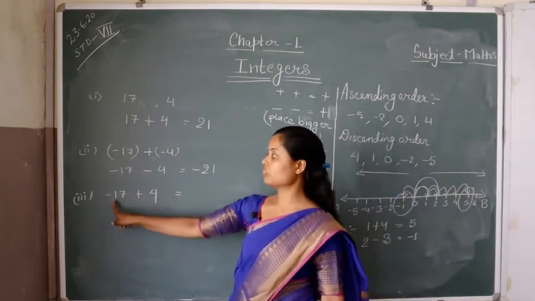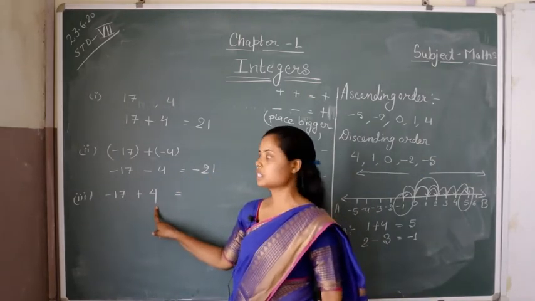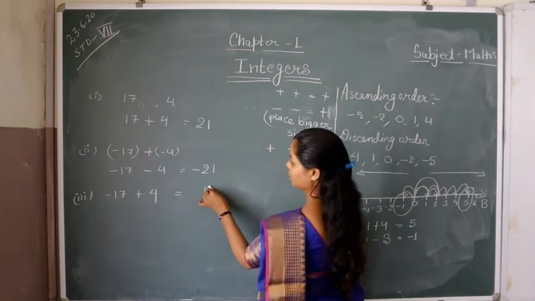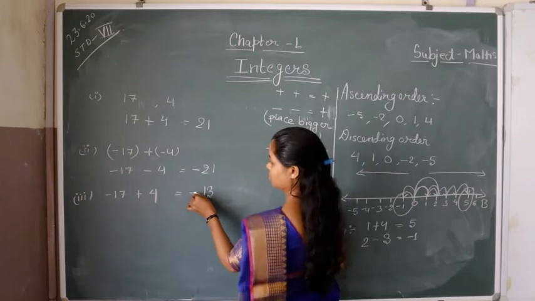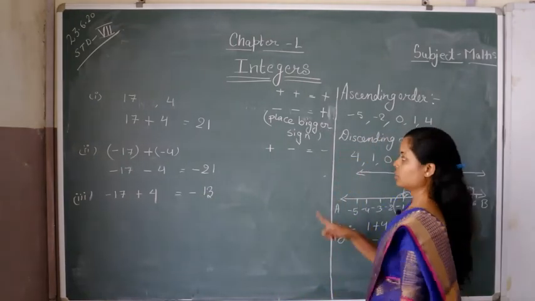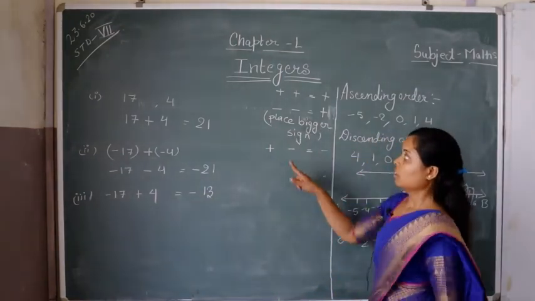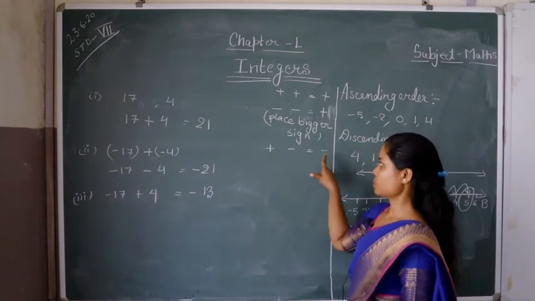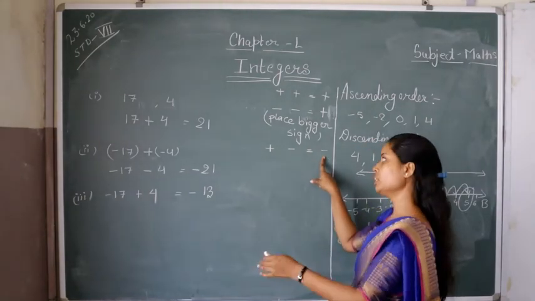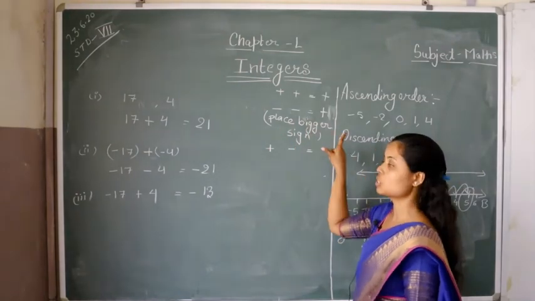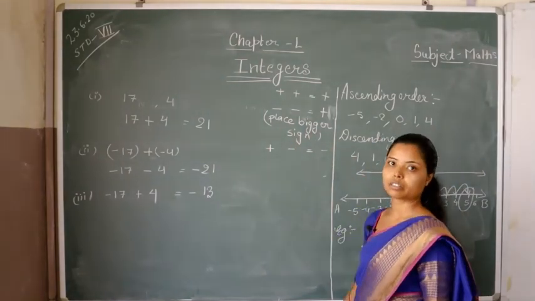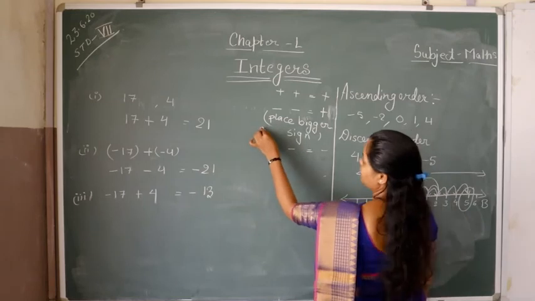So firstly we find the difference of both the integers. Difference is 13. And place the symbol of the bigger sign. You find the difference, but it is necessary to place the symbol of the bigger digit sign.